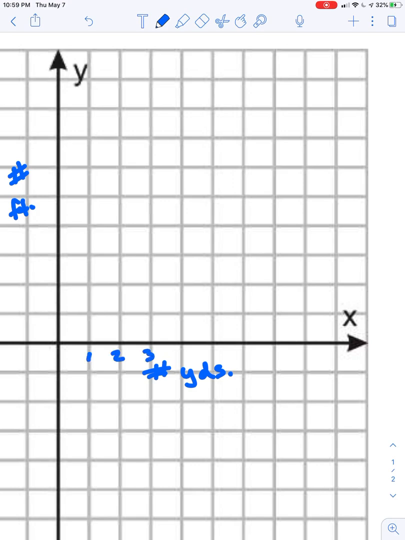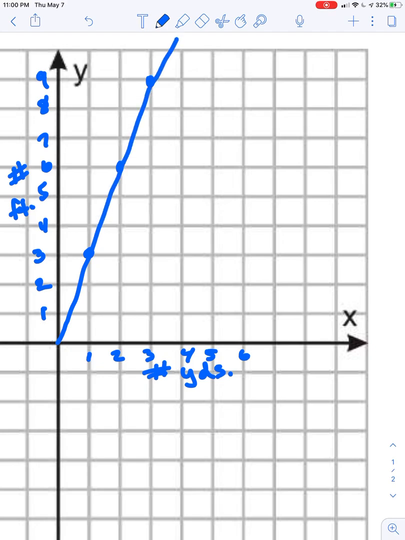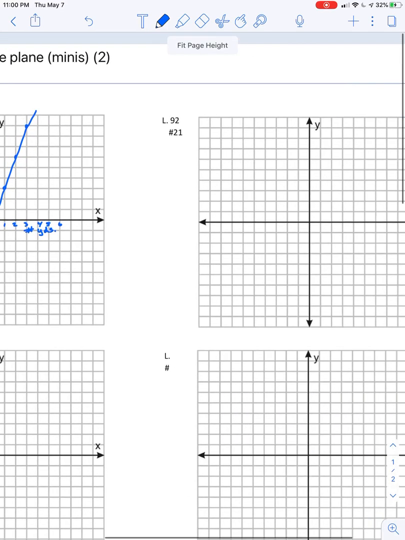So if I could just put some numbers here real quickly, I would know to mark that 1 yard is 3 feet, 2 yards is 6 feet, and 3 yards is 9 feet. And I would graph that line, and it would look something like that. Okay, let's keep that in mind now.